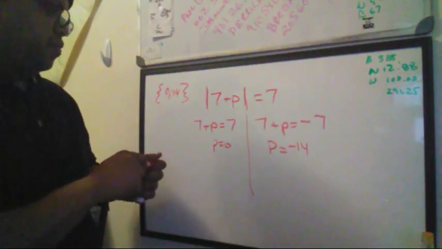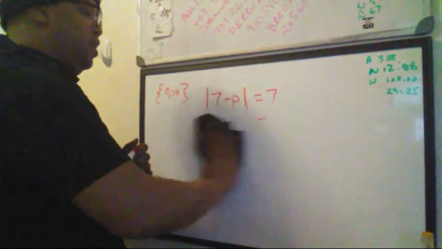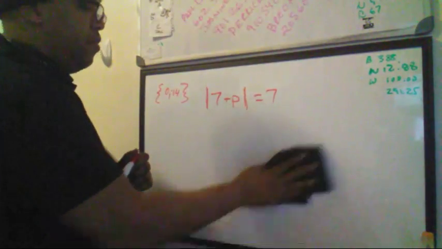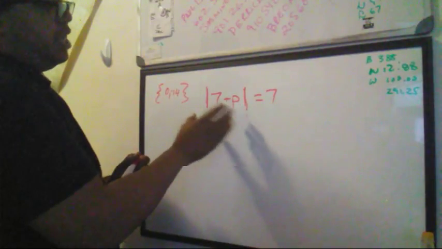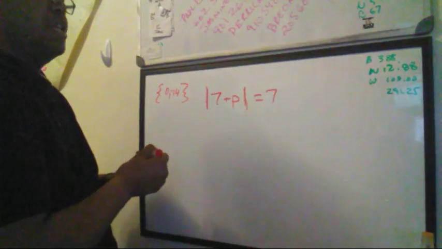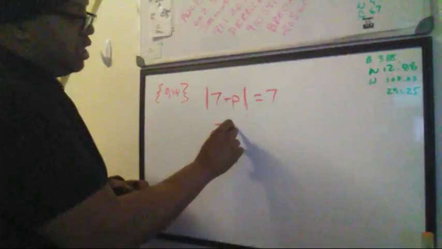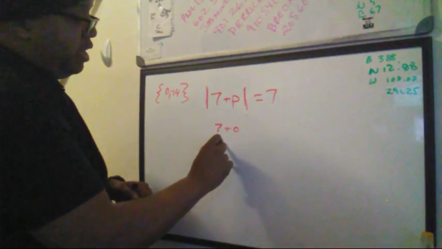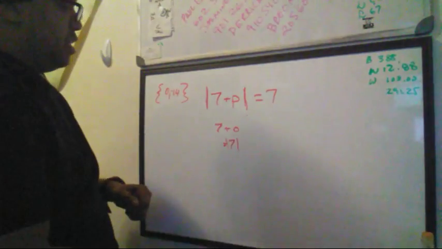Now, a lot of people come up with the answers and they don't test it out. So let's test it out. Remember, as long as this content is in the container, it doesn't matter if a negative result is in there. We're going to look at it as positive. So let's put a 0 in here. 7 plus 0 equals 7 in absolute value. And it does.